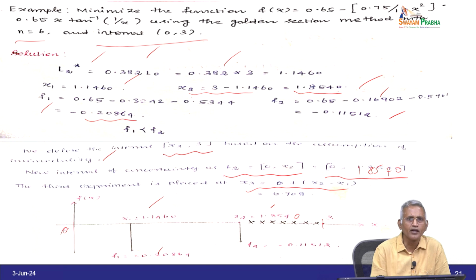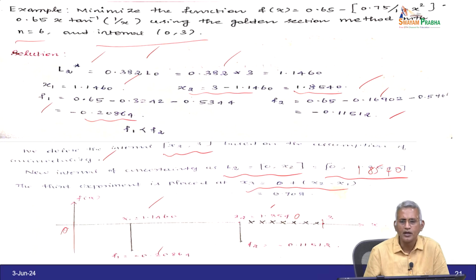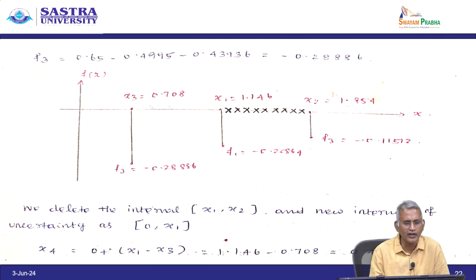So, F1 is less than F2. Now, we go to F3. F3 is obtained by substituting the value of x3 in the given function 0.65 and so on, and the net value is minus 0.2886.